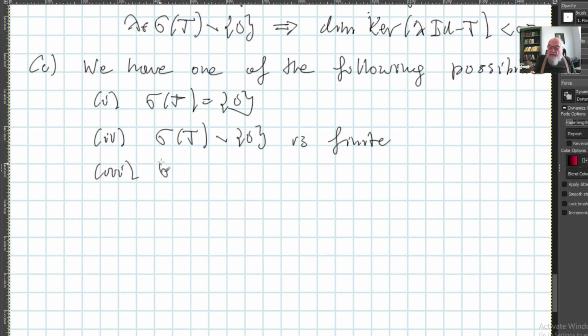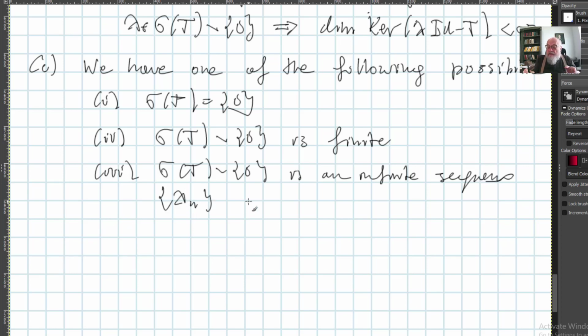And then we have number 3, and that's the one that actually needs to be proved: an infinite sequence, call it lambda n, such that lambda n converges to 0. So sigma of T minus 0 is just a sequence convergent to 0.